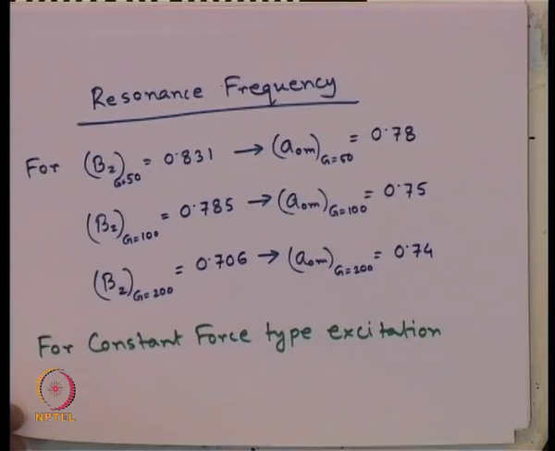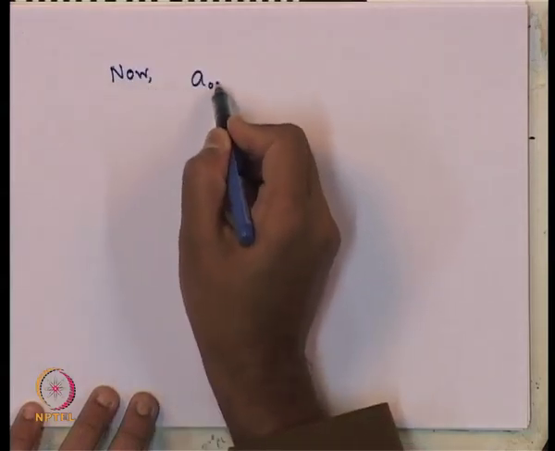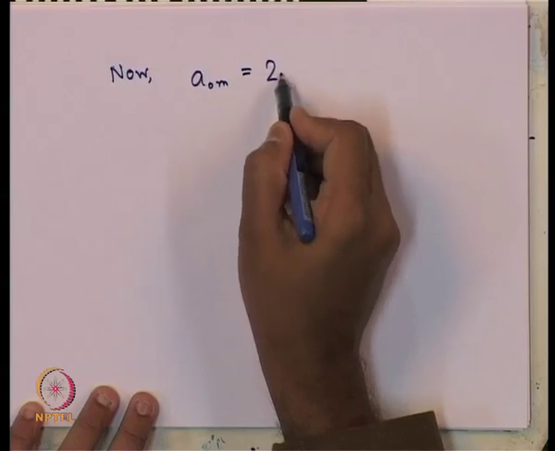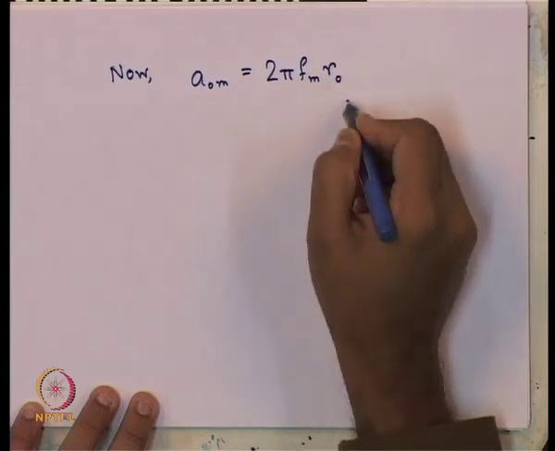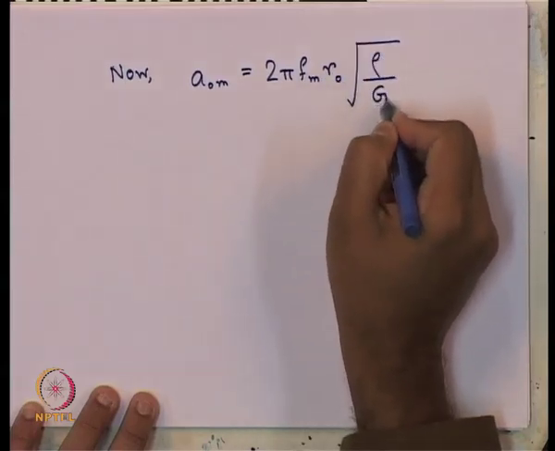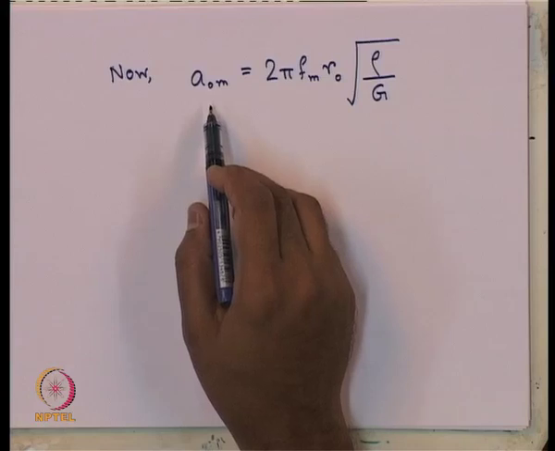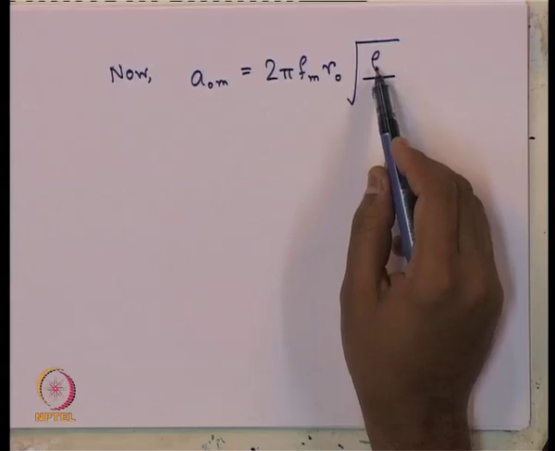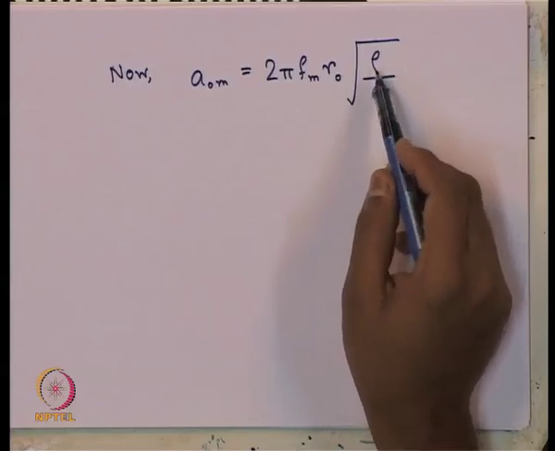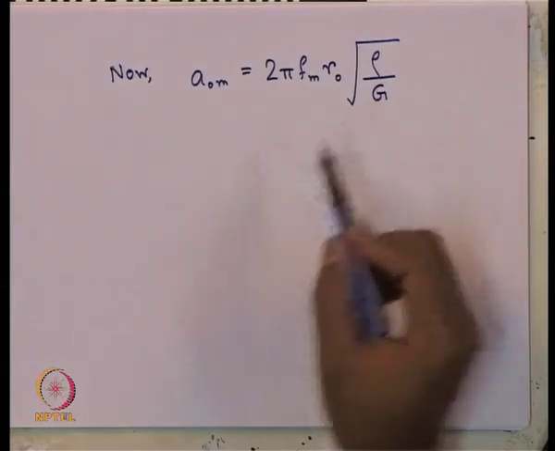So, what is the resonant frequency now we can calculate? Now, this A naught m is written like this: 2 pi f m r naught root over rho by G. This A naught m we already know from this design chart, r naught is known, rho, actually gamma, we have assumed. So, take care of the unit properly, G is also known for 3 different types of soil.